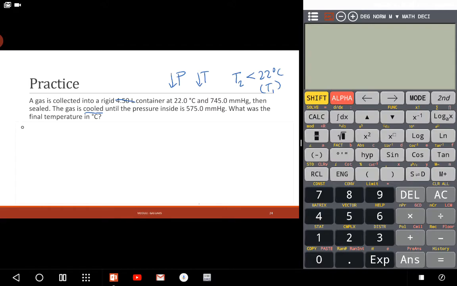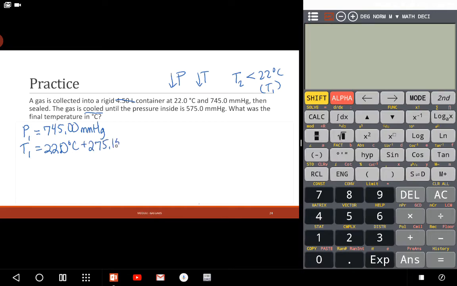So if we outline our different variables, we have our P1, millimeters of mercury as a pressure unit, so that's going to be our initial pressure. Our temperature is 22.0 degrees Celsius. And we're going to have to convert that into Kelvin.